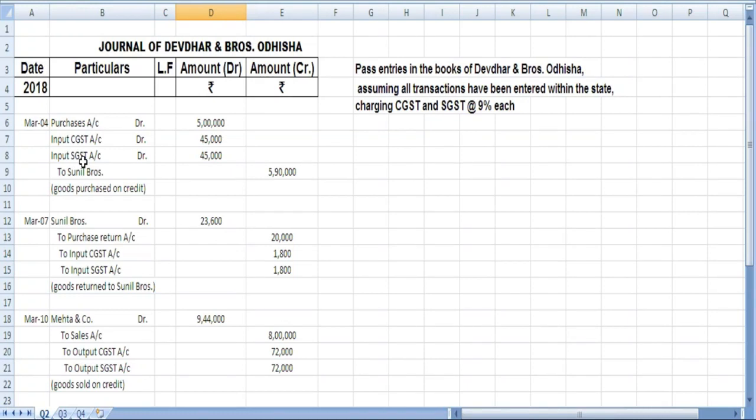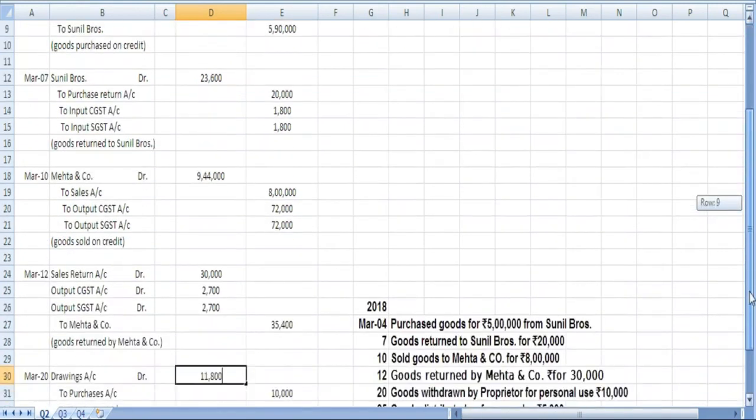But whenever there is a return or withdrawal for personal use, in that case this is not a sale. So whatever percentage was debited, the same percentage we will credit. Same for sales. Whenever there is a sale, we will credit with output CGST and output SGST.